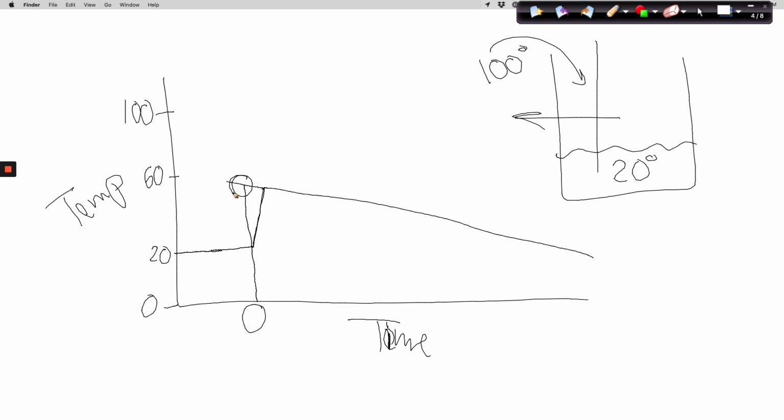This then gives us the two points for our temperature change for the calorimeter. It is from here, 20, up to here, which represents what the temperature change would have been had energy not leaked out of the calorimeter. That's brilliant. Do you get it? So here's what we're going to do with that.